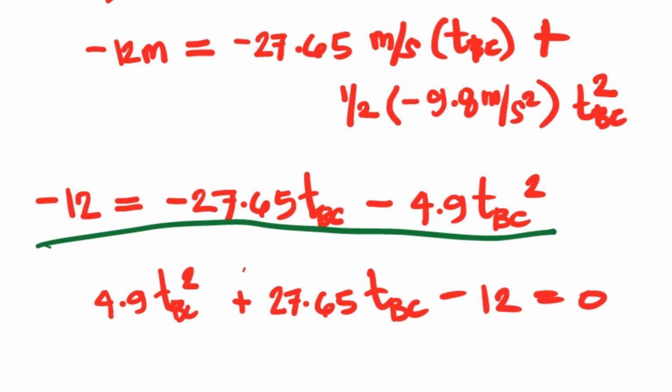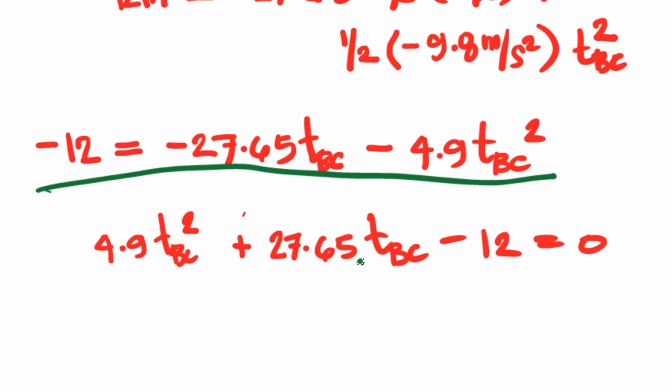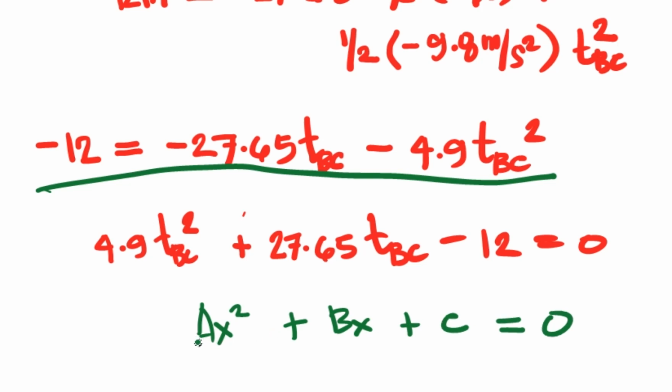So if you notice, this is in the form a x squared plus bx plus c equal 0. So this is a quadratic equation.